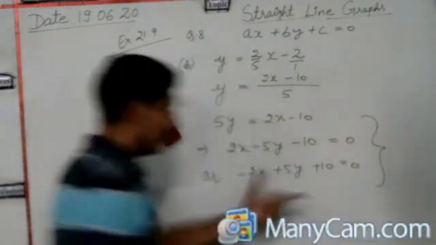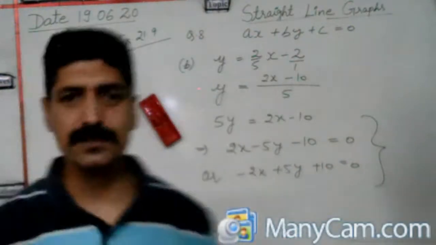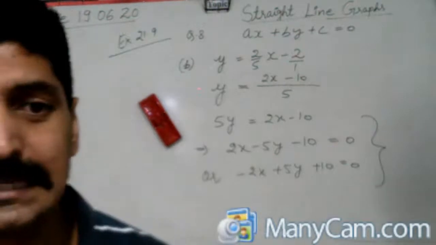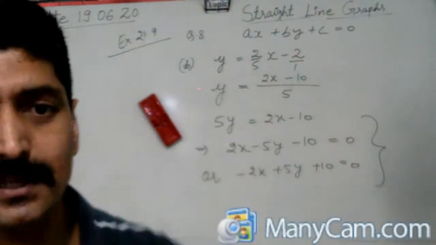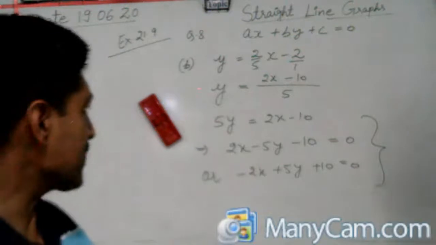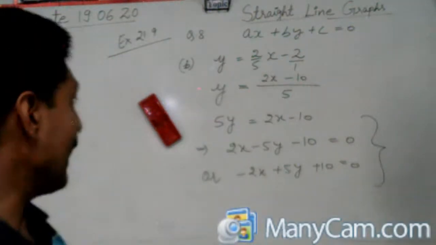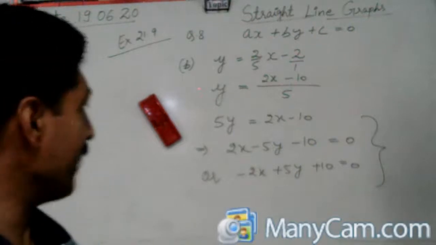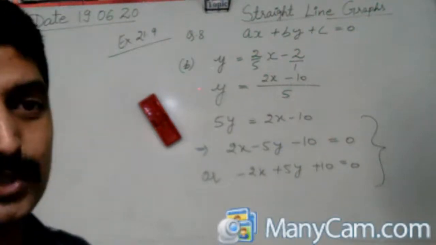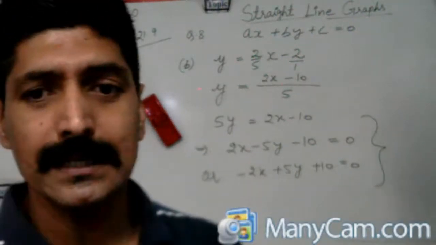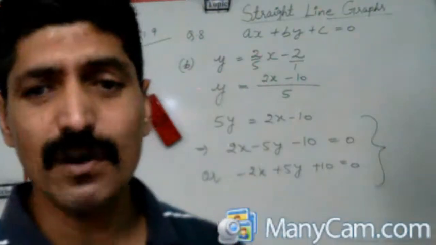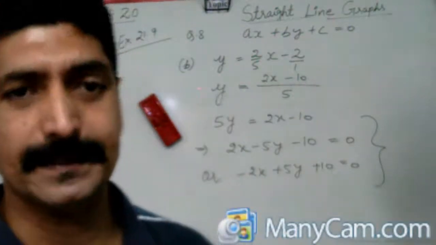Both are one and the same equation. That is 2x minus 5y minus 10 is equal to 0, or minus 2x plus 5y plus 10 is equal to 0. Both are the equations of the same straight line.